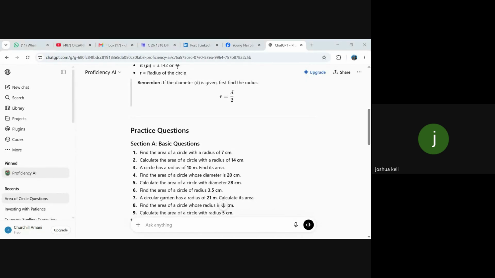So, we have the diameter, but not radius. But for us to get the radius, we have to divide the diameter by 2, 28 divided by 2, you get 14 centimeters radius. So I took 22 over 7 as pi times radius of 14 times radius of 14. I got 616 centimeters squared as the area.